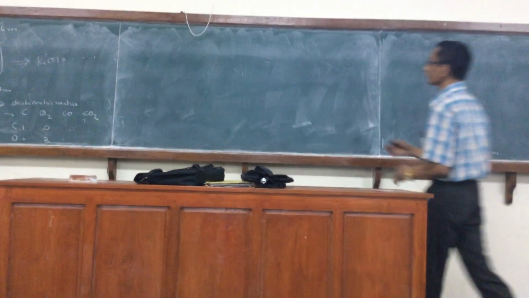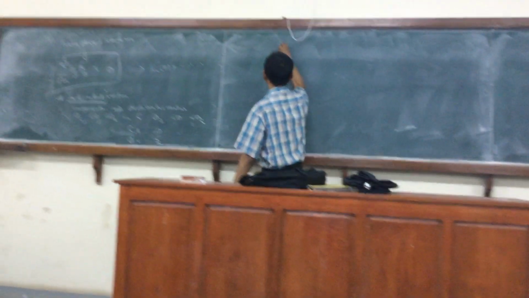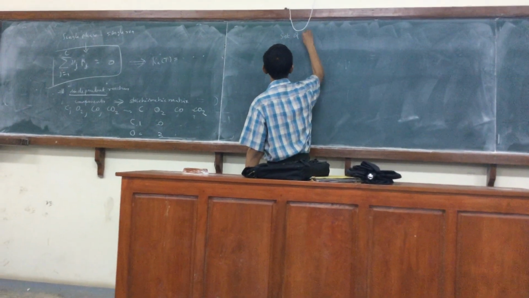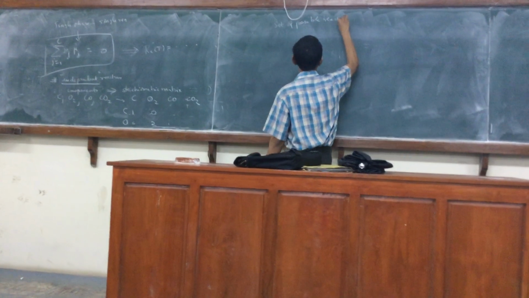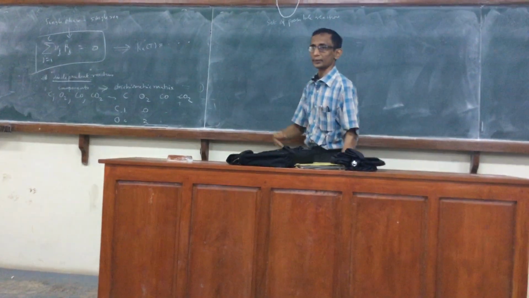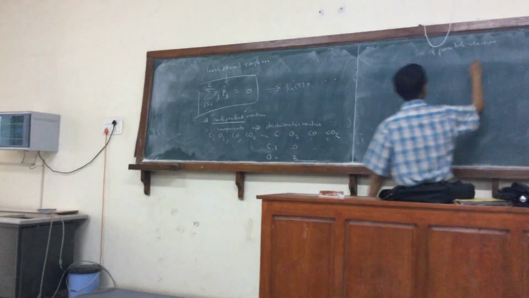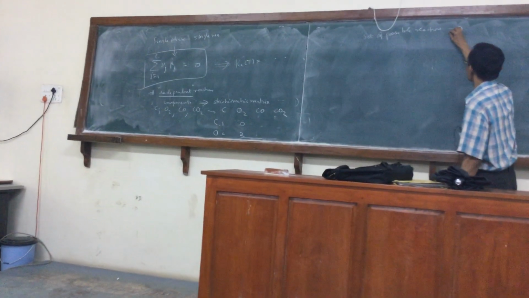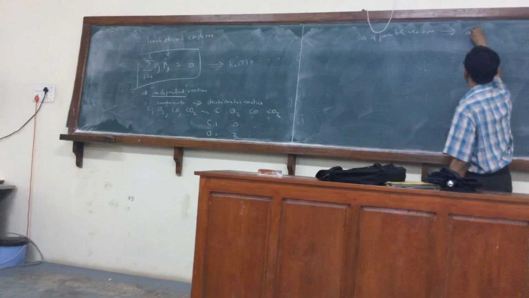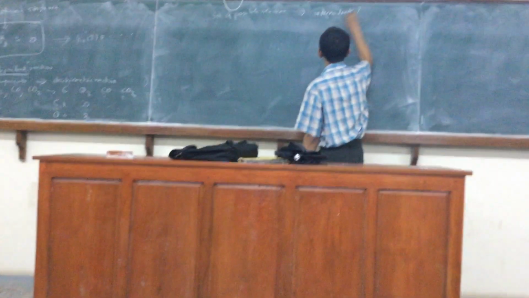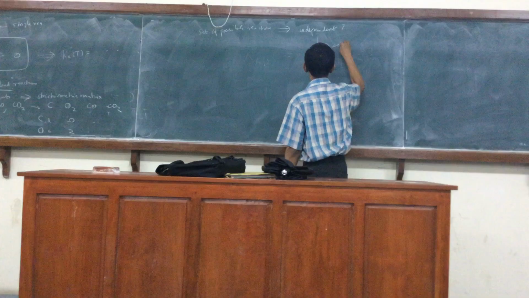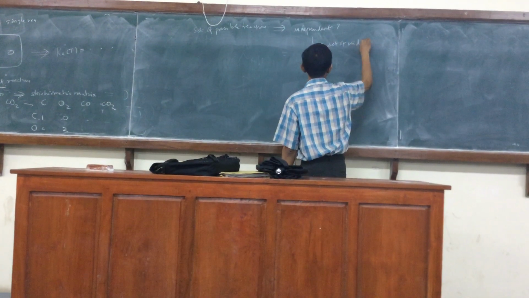Right? Another way is you are given a set of possible reactions, and then you have to check. So you have some idea, these are the reactions that are taking place, but you have to make sure that these reactions are independent, and if not, construct a set of independent reactions from them.